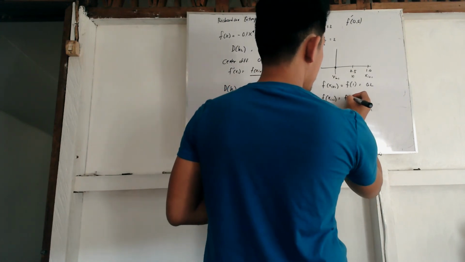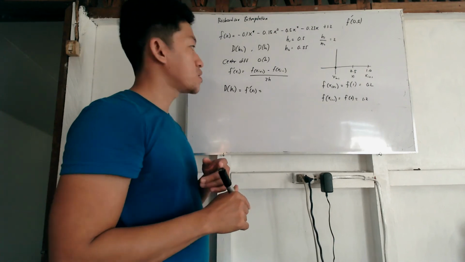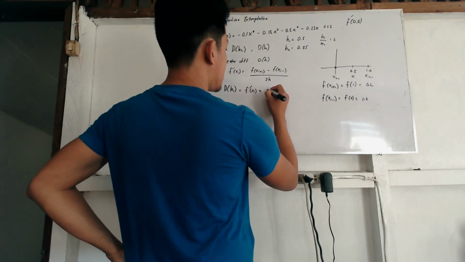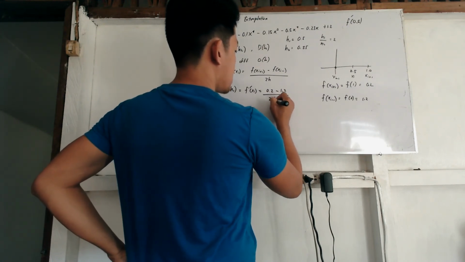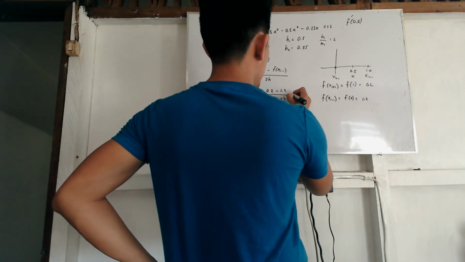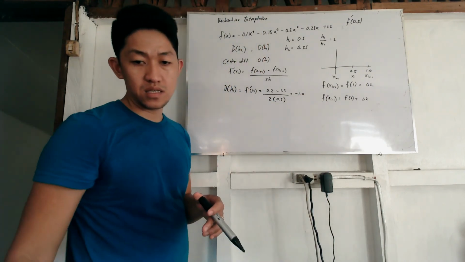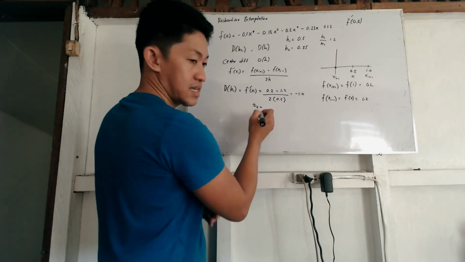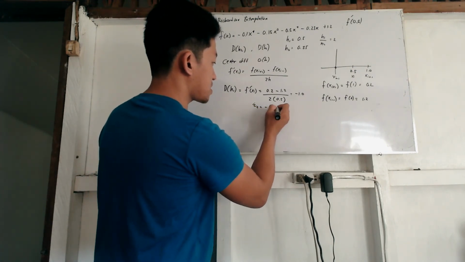So f of 0 is 1.2. Okay, therefore, this becomes 0.2 minus 1.2 over 2 times h, 0.5. So you have negative 1.0. Again, the error for this, let's calculate, is 9.6%.